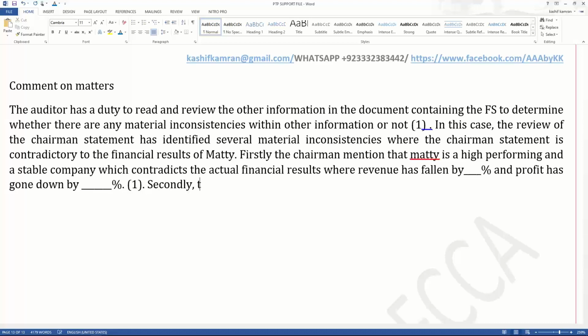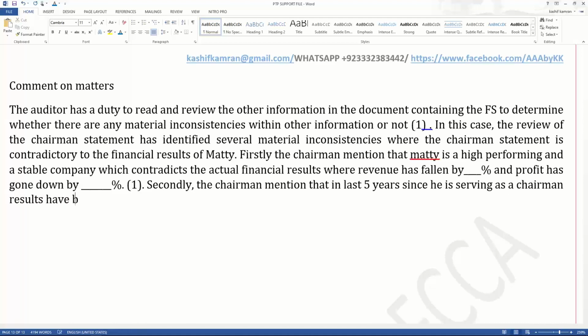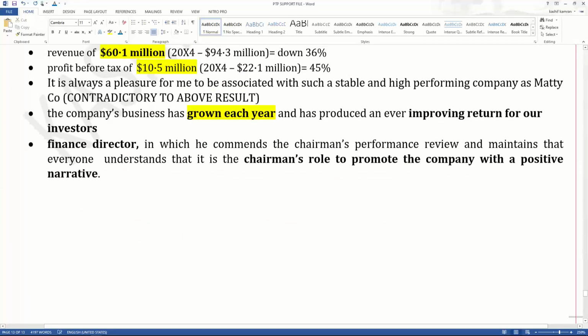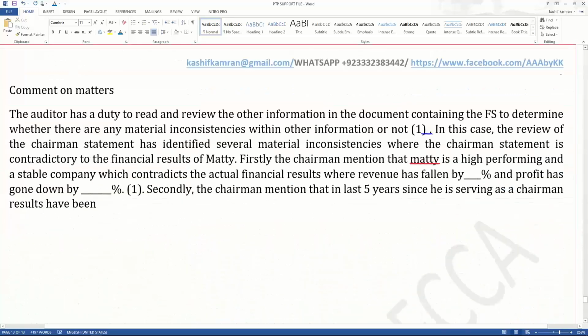Secondly, the chairman mentioned that in the last 5 years, since he is serving as chairman, the company has produced ever improving returns, grown each year, and good results to shareholders.